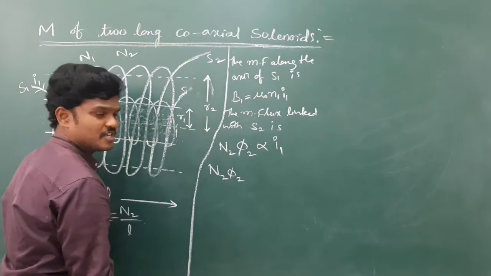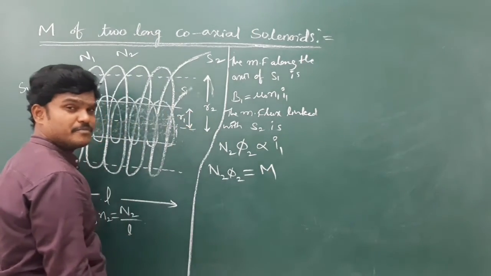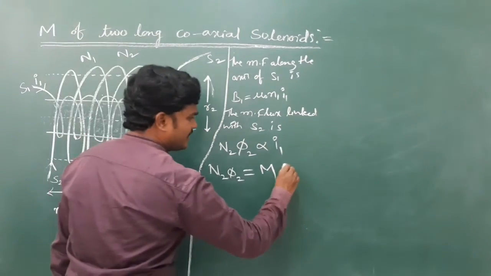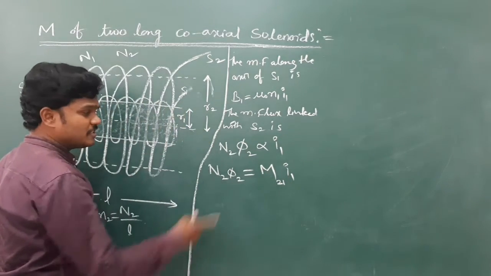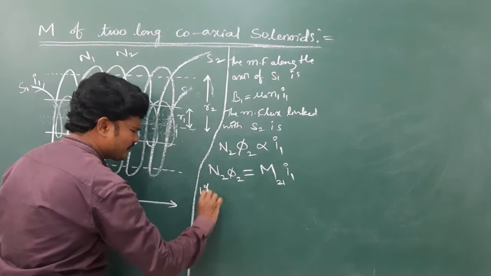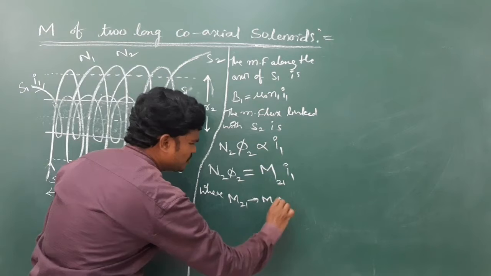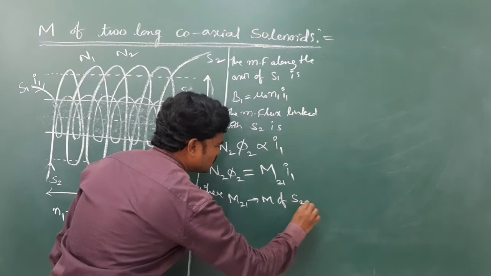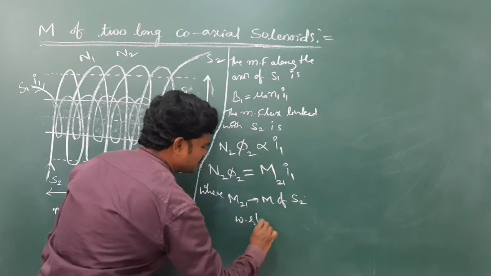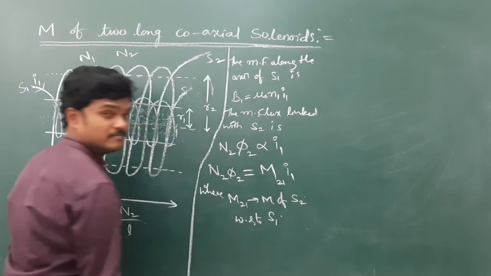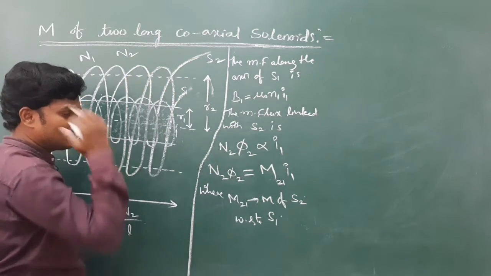Let me remove this proportionality and replace it with the symbol M, nothing but mutual inductance, and I1. This can be written as M21, where M suffix 21 is called the mutual inductance of the second solenoid with respect to the first solenoid.